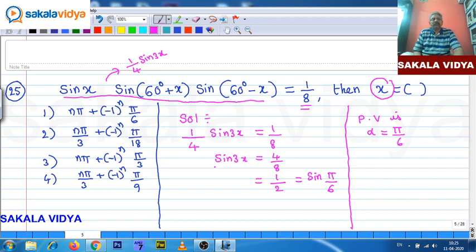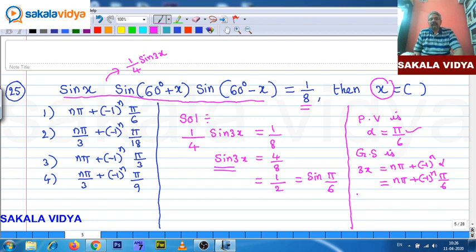Now as we have the sine function, we need to write the general solution. GS is 3x equal to n pi plus minus 1 whole to the power of n into alpha, where alpha is equal to pi by 6.